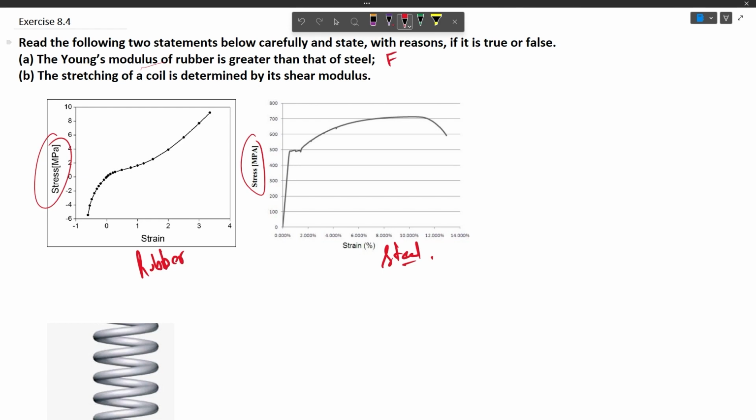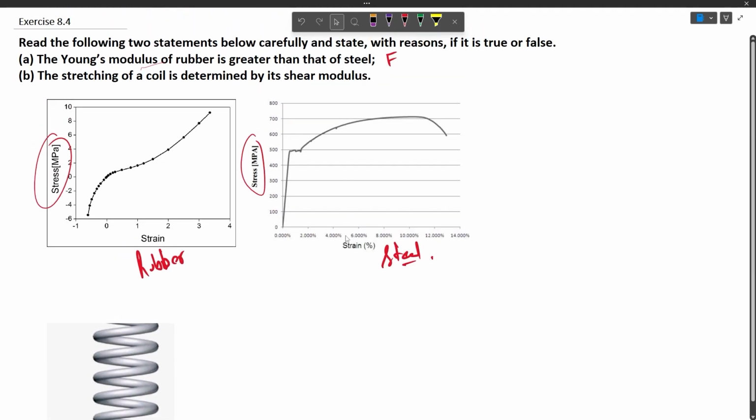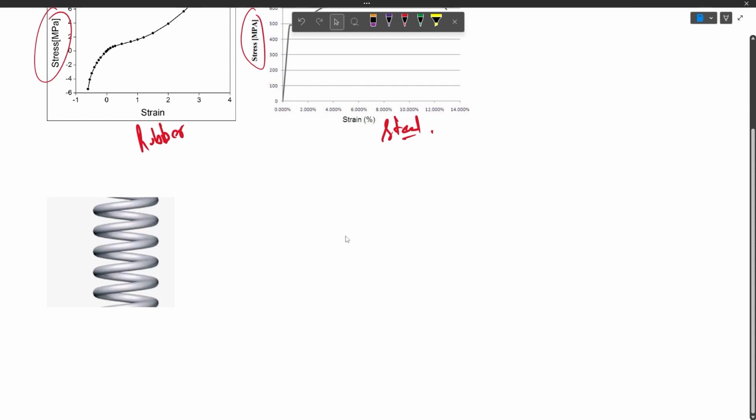Now in the second statement, we have that stretching of a coil is determined by its shear modulus. So for this we have a representation of a coil over here, a spring coil. Now let us draw the cross-sectional area.